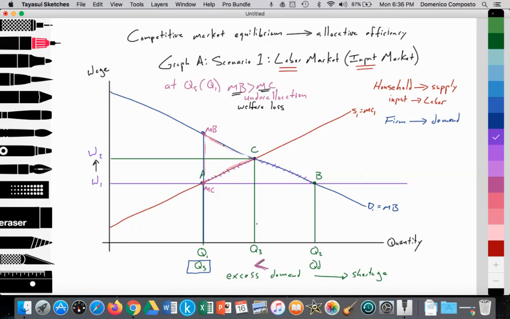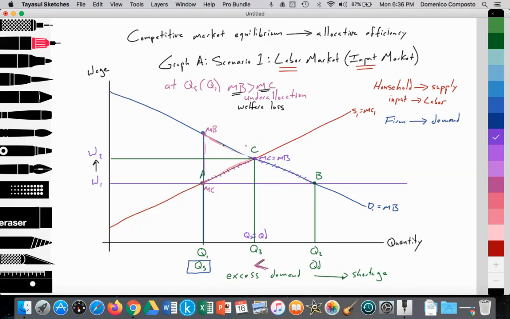At C, we're operating at Q3, where quantity supplied equals quantity demanded. And at point C, we're going to remember supply equals demand, and also marginal cost equals marginal benefit, and it is allocatively efficient. So the underallocation has been resolved as a result of the quantity demanded by firms decreasing, the quantity supplied by households increasing until we reach an allocatively efficient outcome at point C.